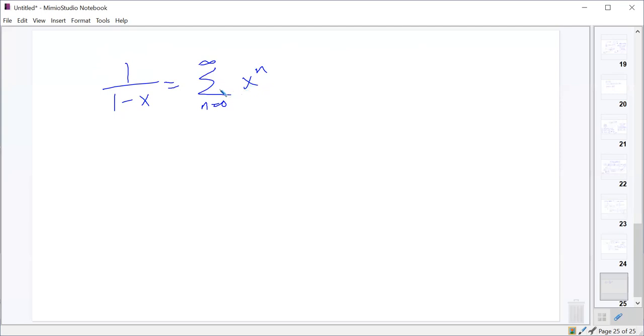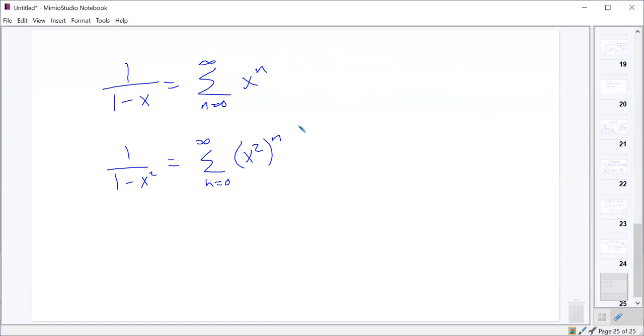And we manipulated this series in multiple different ways to come up with the series for lots of other functions. So, for example, 1 over 1 minus x squared should just be the sum from n equals 0 to infinity of x squared to the n, or x to the 2n.